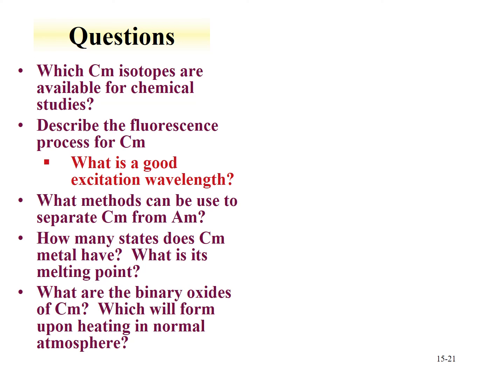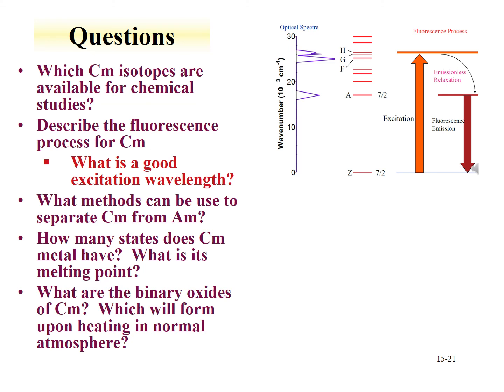Describe the fluorescence process for curium. Well, we use an optical route, so basically imagine a laser tuned to a wavelength where the absorbance occurs, where the electron is excited to a higher energy state. There's a radiationless relaxation, and then a de-excitation with emission of a photon.